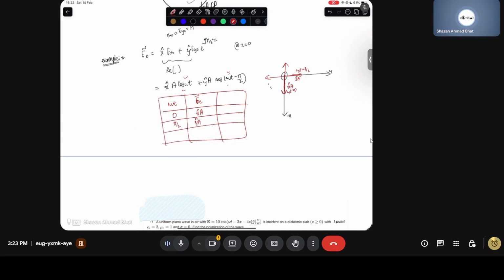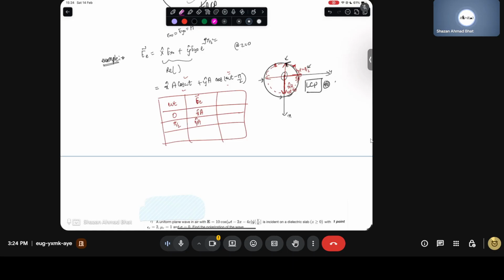And once you draw it, basically the vectors are moving in this direction. Why is it moving in this direction? Because 0 comes here, then there is pi by 2, then pi, then 3 pi by 2, then again 2 pi back. So this is forming a circle, and because it's moving in this direction, it's a left circularly polarized light.